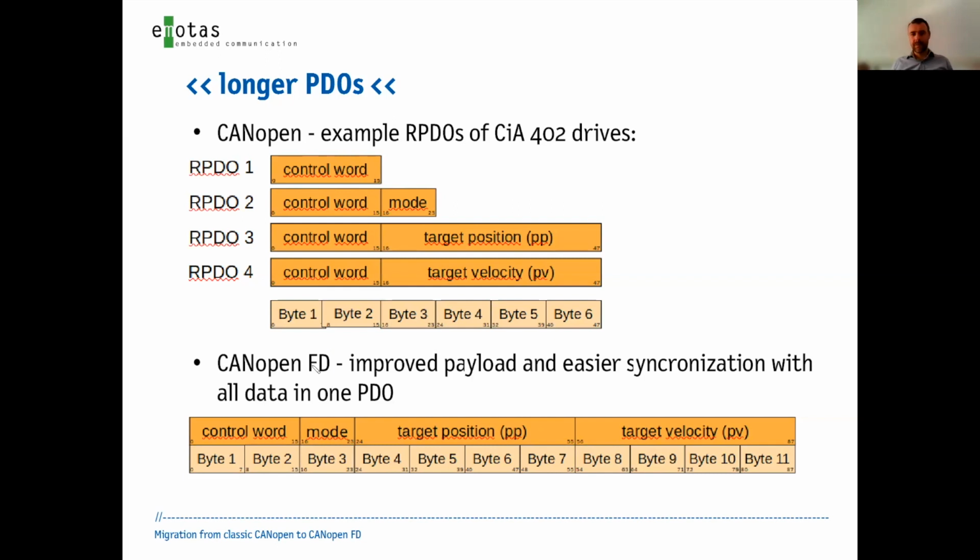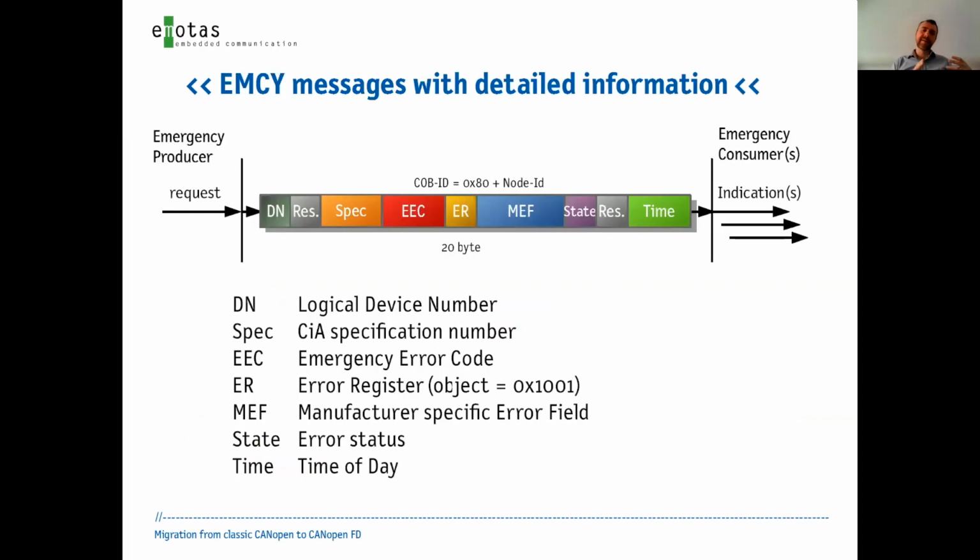But if you want to mix classical CANopen and CANopenFD devices, there will be some challenges, as you can see on later slides. And the third and last improved CANopenFD protocol is the emergency messages. Emergency messages in CANopen in general provide the functionality to send error information from one device to all the others.